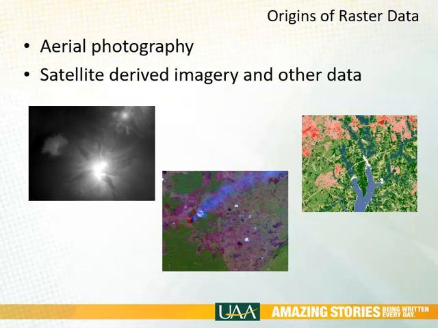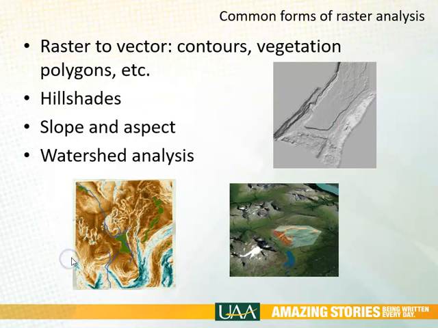And then the map on the right-hand side is one that is based on raster analysis, in which satellite imagery has been taken and analyzed, and through various raster forms of analysis, including probably raster algebra and the application of algorithms, there has been a land classification system that has been attached to this raster data. So there are all sorts of different types of raster analysis out there, and we're just going to touch on them in this course.